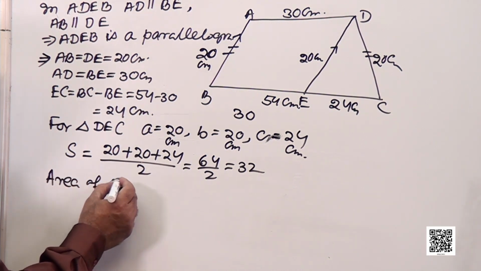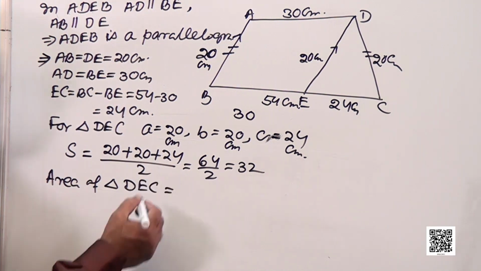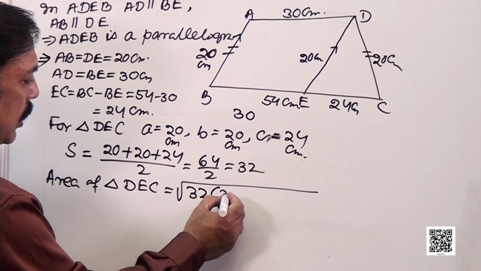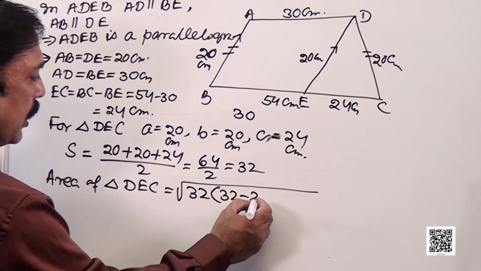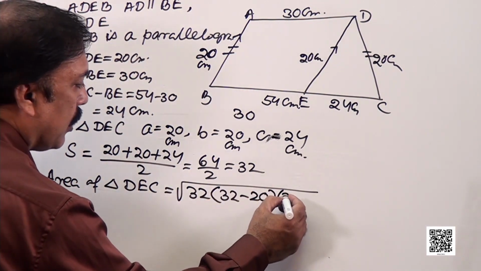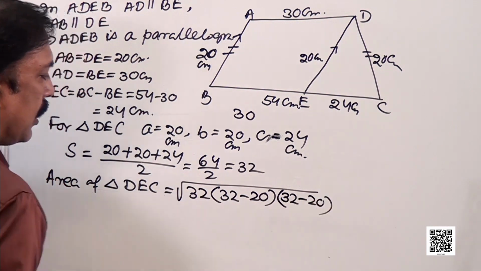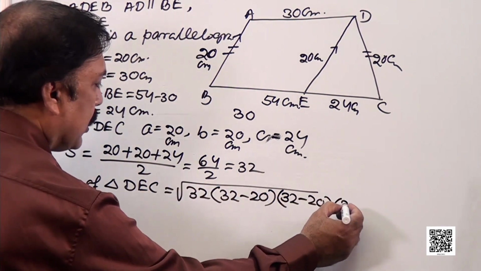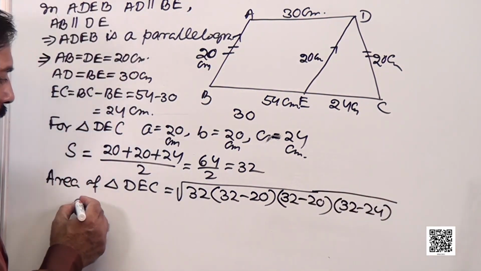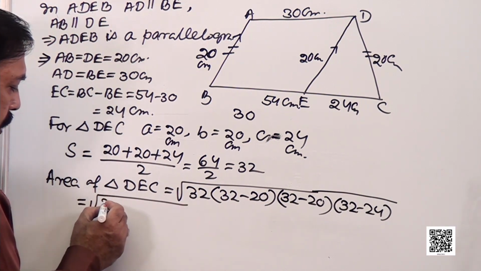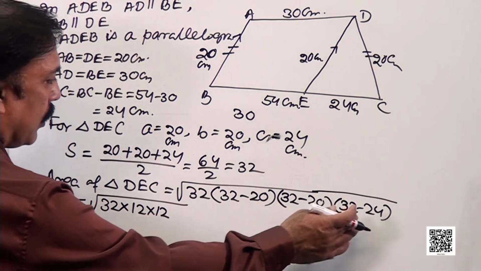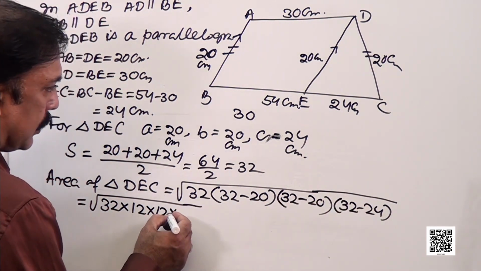Area of triangle DEC is equal to square root of S into S minus a, that means 32 minus 20, into S minus b, that is 32 minus 20, and S minus c, that is 32 minus 24. This gives square root of 32 into 12 into 12, and here it is 8.